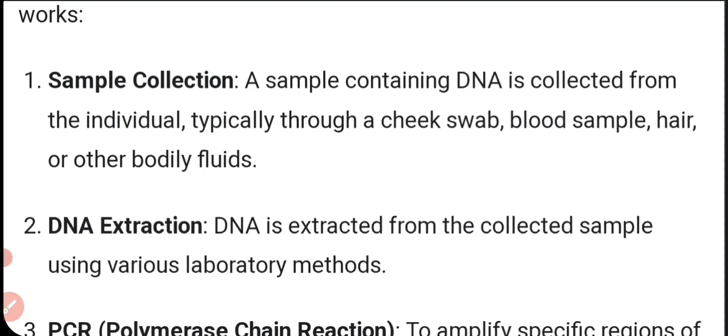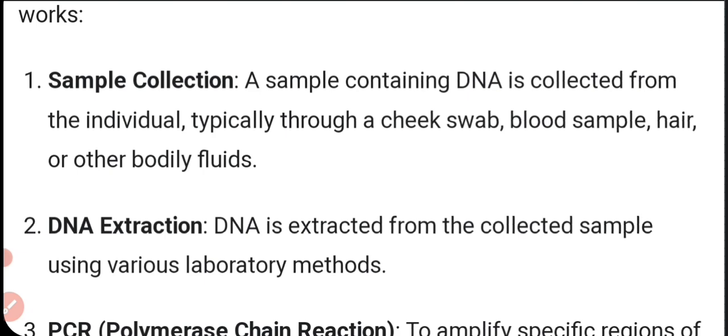This particular technique is utilized in forensic science, where suppose some crime has happened, and in that crime some bodily fluid is found from the accused, and that bodily fluid will be taken as a sample, and whoever the person in doubt is, that person's fluid will be taken, and the DNA will be isolated, and the particular pattern will be matched between these two samples.